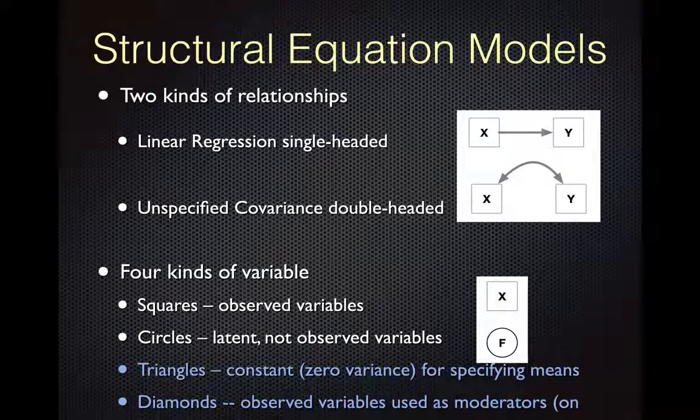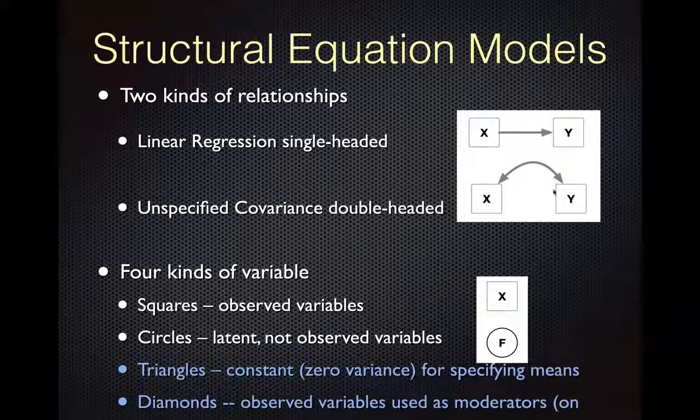And SEM consists of two types of relationships between variables in the diagram. And the two types of relationship primarily are the causal pathway, X causes Y, as we see over here. And also the alternative is to put an unspecified covariance.